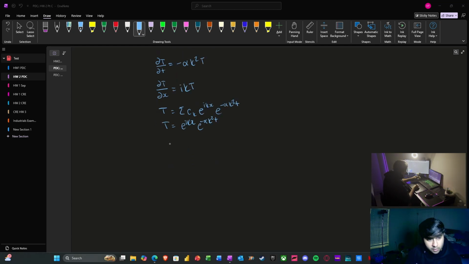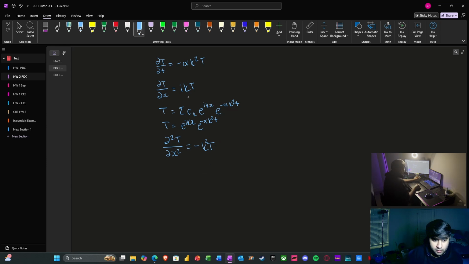Okay, so we'll also go ahead and define our d squared T dx squared as negative k squared times T. Oops. Okay, there we go.